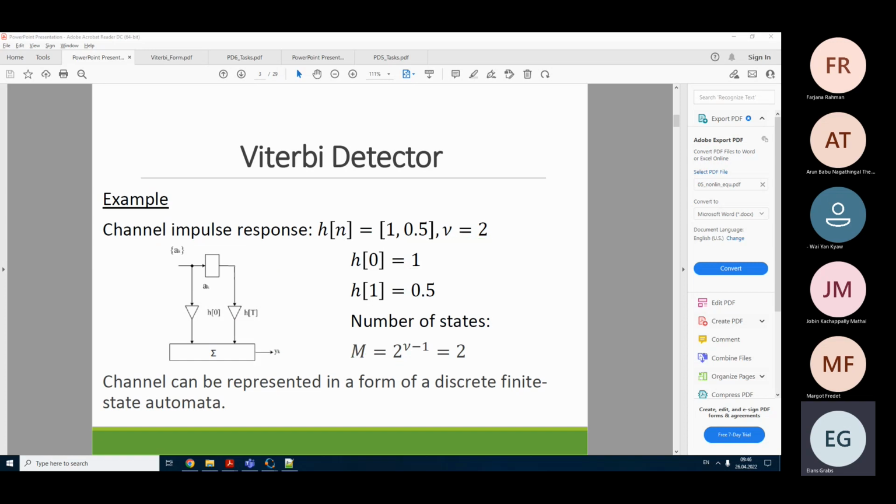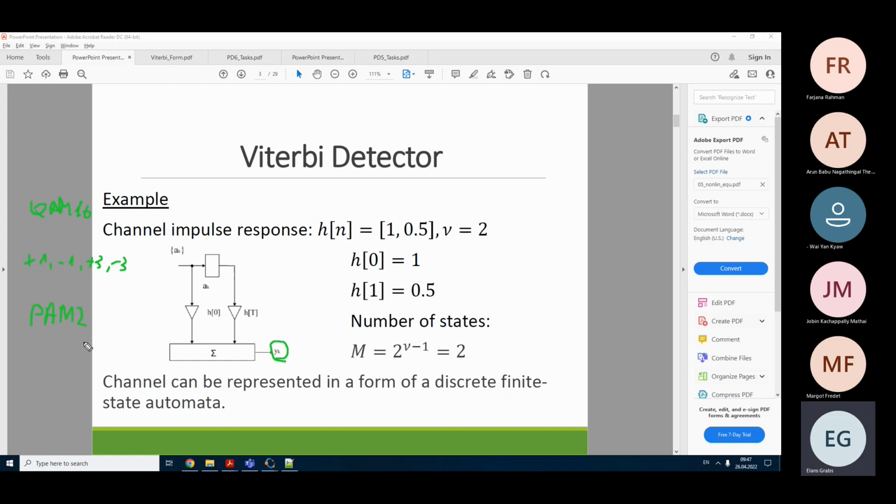What we are going to do now is to find all the possible combinations of how this symbol can be calculated. You can consider that our input data consists of plus minus 1 and plus minus 3, for example, if we are talking about quadrature amplitude modulation 16. However, for simplicity, we are going to assume that we only use pulse amplitude modulation, PAM2, in this particular case.